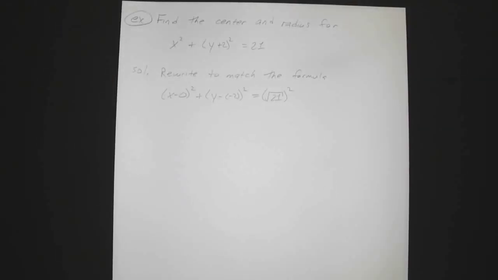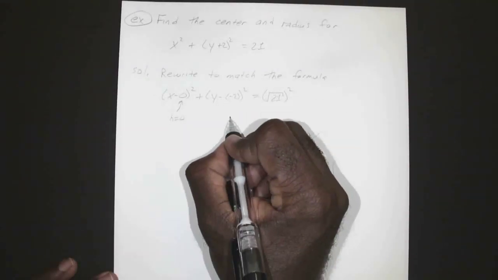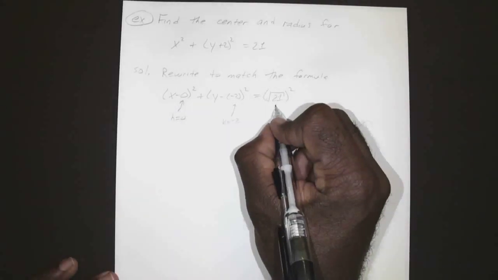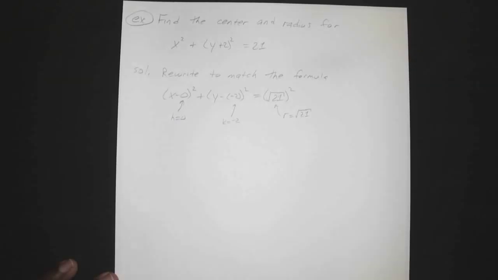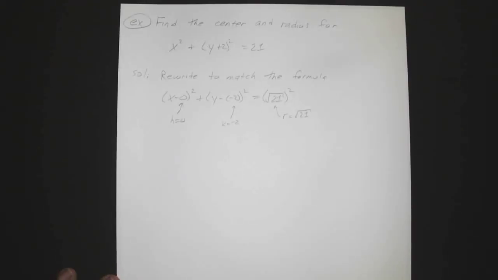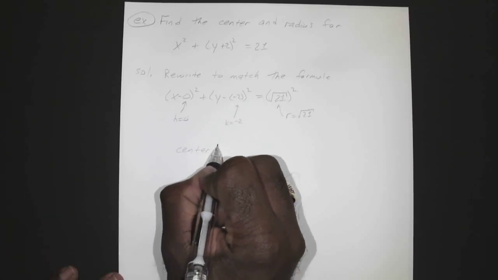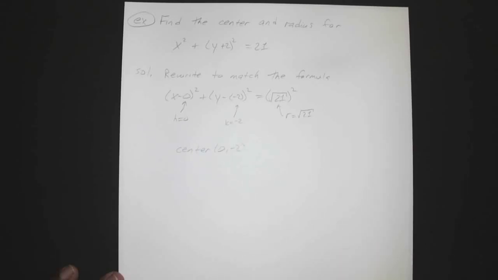In this case, your h is equal to 0, your k is equal to negative 2, and your radius is equal to square root of 21. So your center, remember that's just your (h, k), is going to be (0, negative 2).